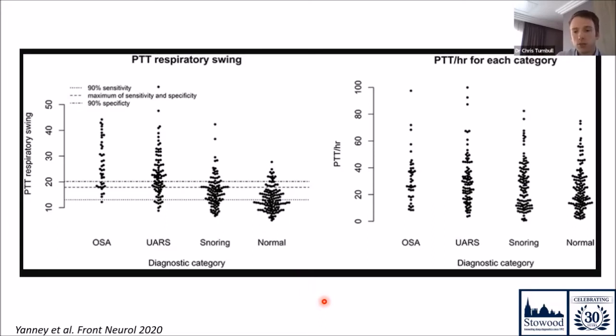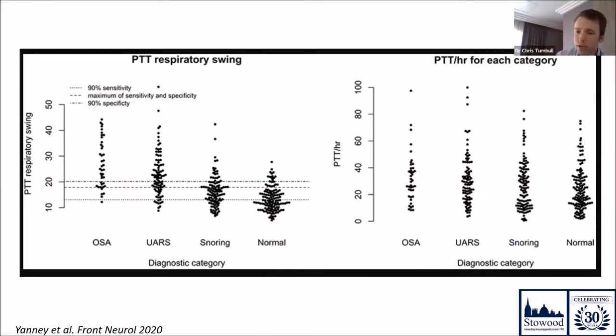So this is a study where they looked at pediatric patients with suspected obstructive sleep apnea and measured their pulse transit time in patients with OSA, upper airways resistance syndrome, snoring, and normal. And what you can see is that there were increases in the pulse transit time in terms of the size of the swings. So that's the amount of obstruction that you're getting in the upper airways syndrome and the OSA, but also that there was a change in the pulse transit time index. So that's the number of arousals you're getting per hour of sleep.